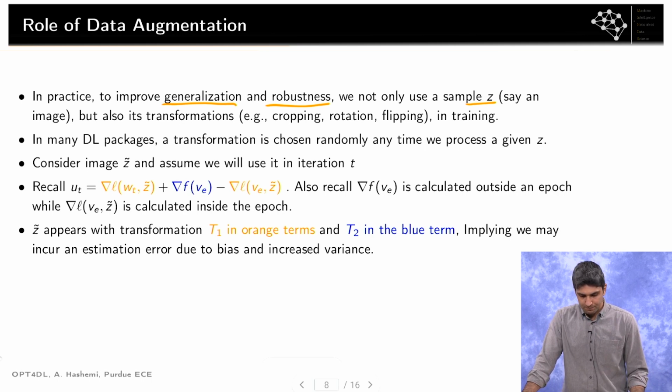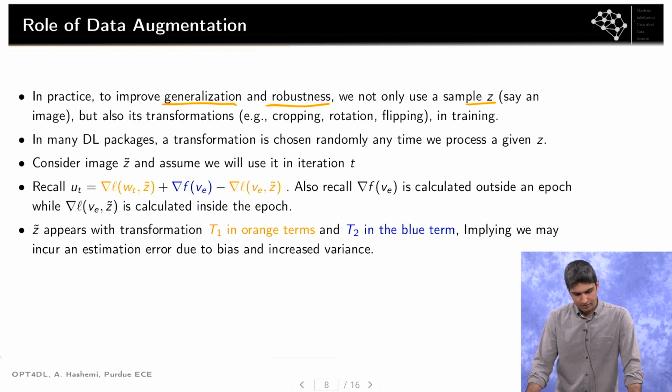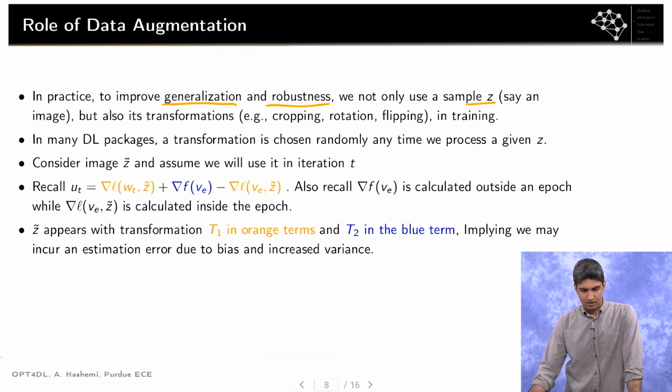And we're going to use all of these transformations in our training. In deep learning packages, this transformation is typically automated, such that when you process a given sample, say you selected the mini batch and an image is in this mini batch, and you want to calculate the gradient, there's an automated process that also calculates the gradient at the random transformation of the image.